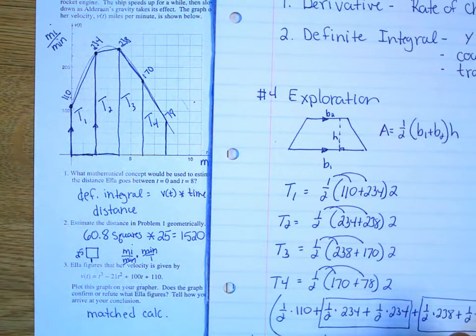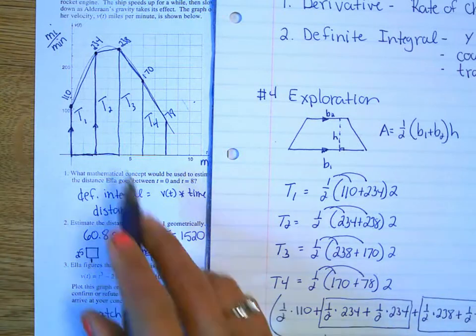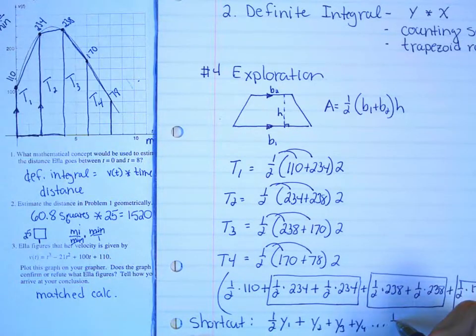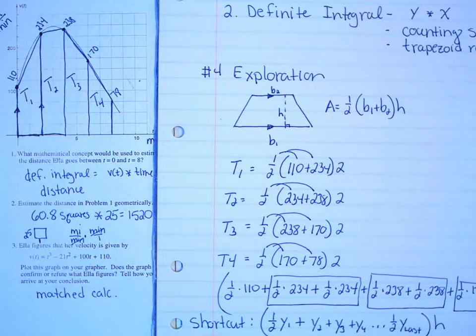So I'll just say y2 plus y3 plus y4 plus however many you have. In this case, we had 3 of them. And then half of the last y value. Once you do all that, you're going to multiply by the height.